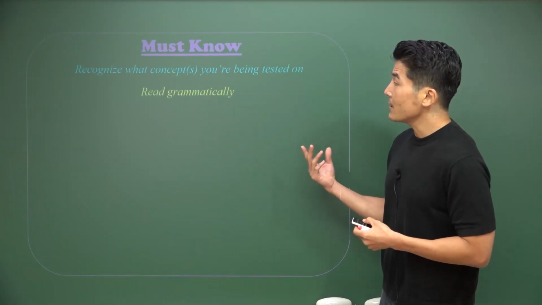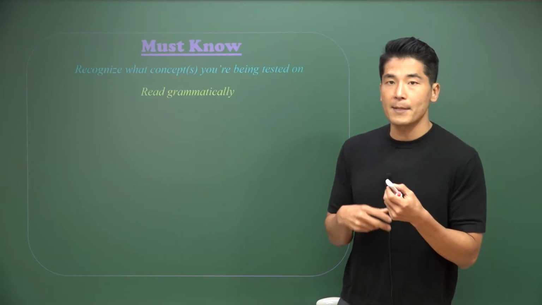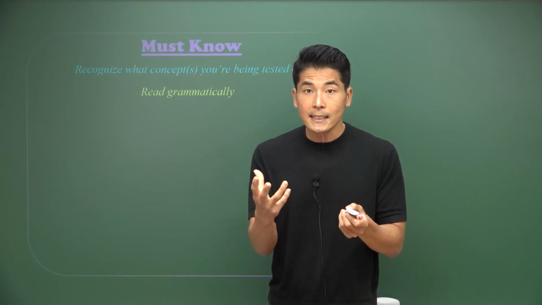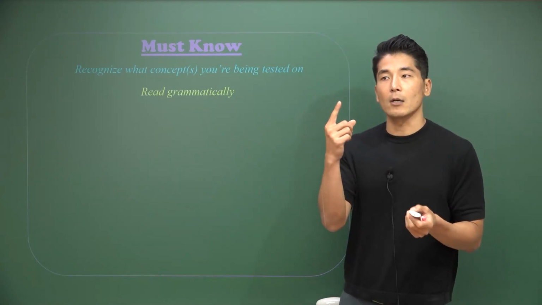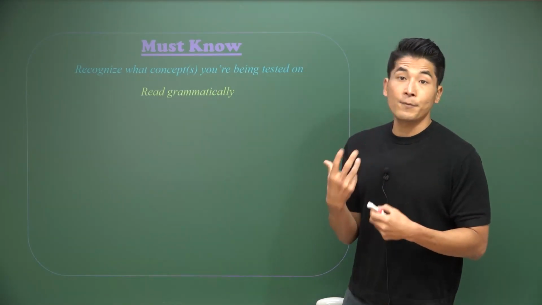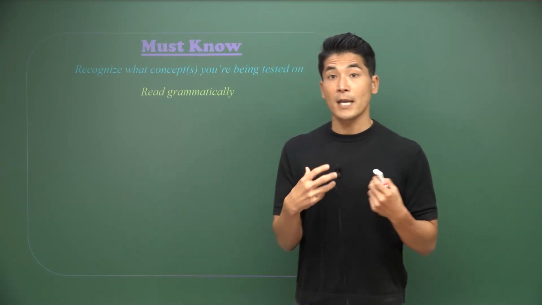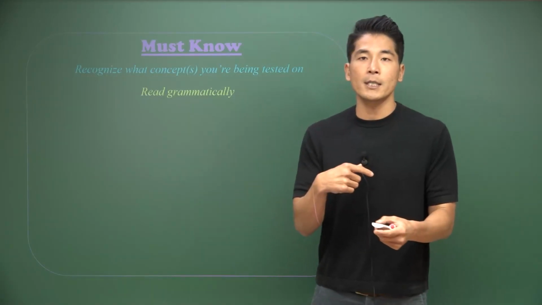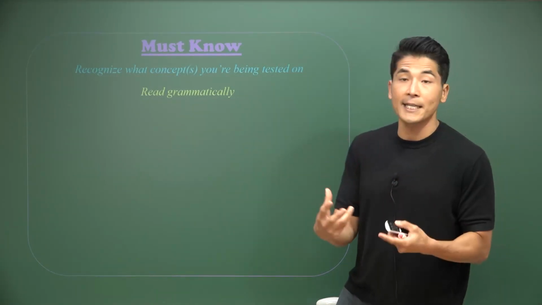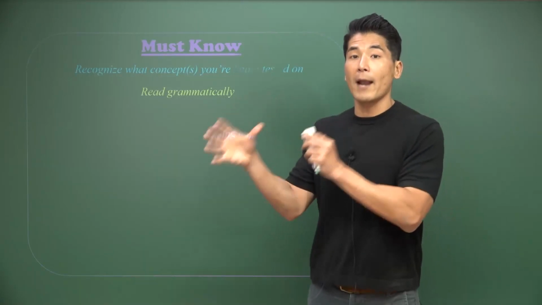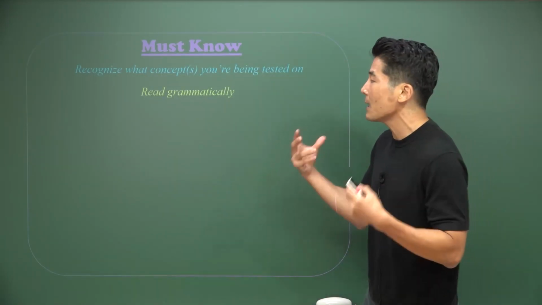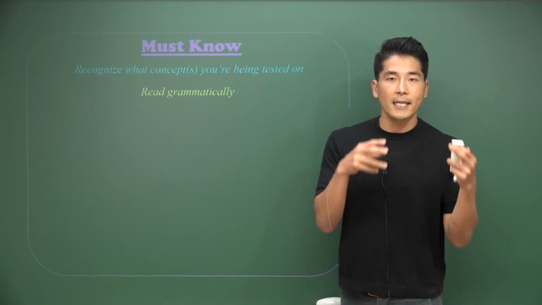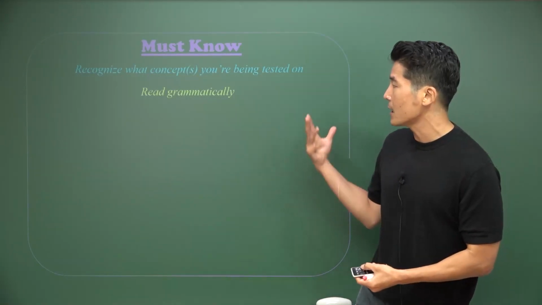Now, secondly, for most of these questions, it is going to be a grammar question. So when you recognize the grammar concept that's being tested, you want to make sure to read grammatically. You're not just reading for comprehension now. You're reading for sentence structure. You're reading for proper grammar, because the SAT is going to purposefully create sentences that are not grammatically correct. So your job is to fix it. So you want to read with that sort of grammatical eye, as opposed to reading just for comprehension's sake, okay?